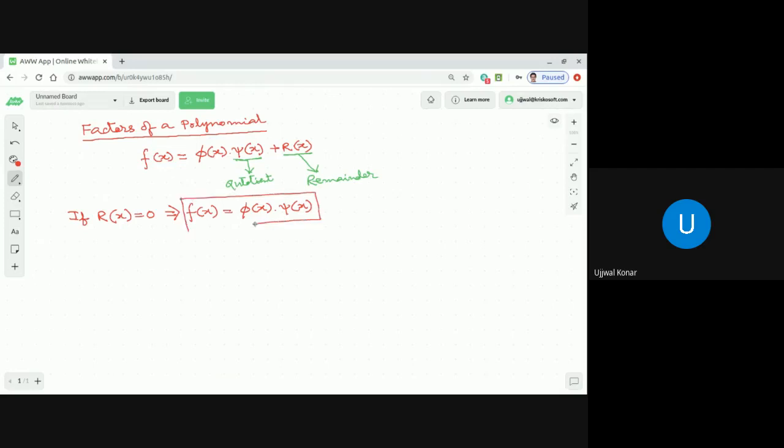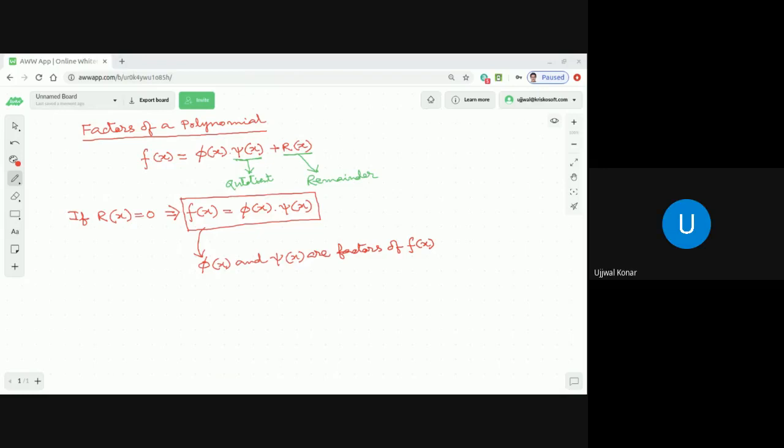We can conclude that phi(x) and psi(x) are factors of f(x). Clear or not clear? Absolutely clear. Yes, sir.